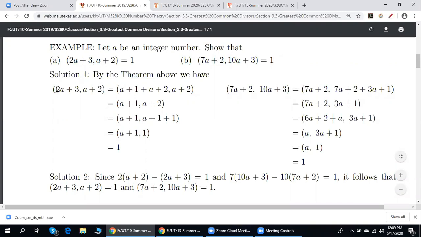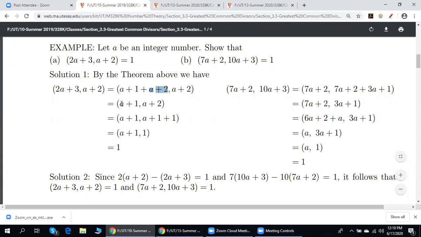Step 1. Observe that 2a plus 3 is a plus 1 plus a plus 2, because a plus a is 2a, 1 plus 2 is 3. Now, by the theorem above, we can cancel out a plus 2, because here we have a plus 2.